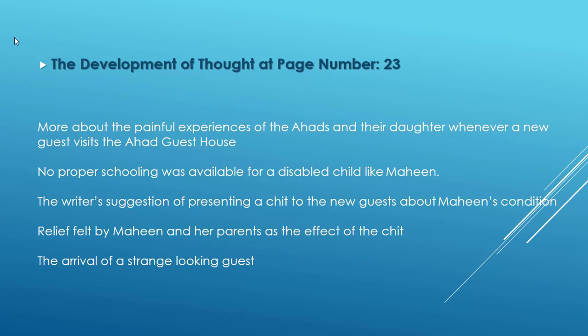Then there will be the writer's suggestion of presenting a chit to the new guests about Maheen's condition. Then there will be the relief felt by Maheen and her parents as the effect of the chit. And at the end, a very important event, there will be the arrival of a strange looking guest.